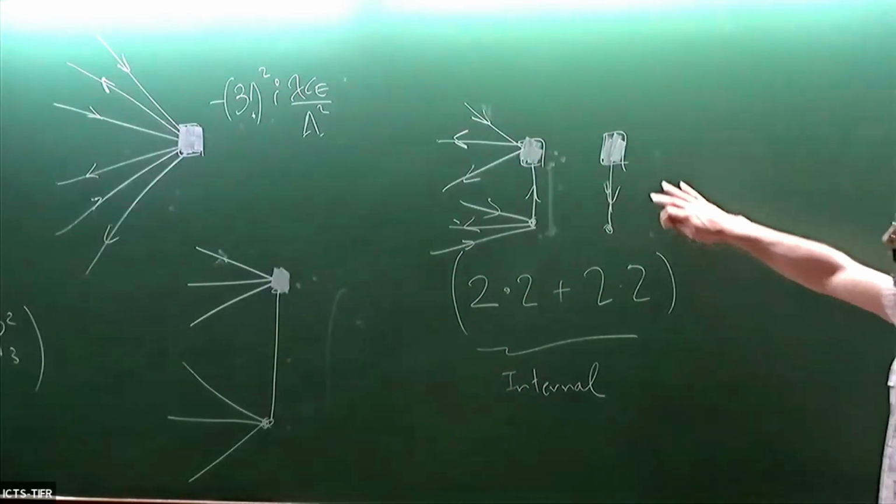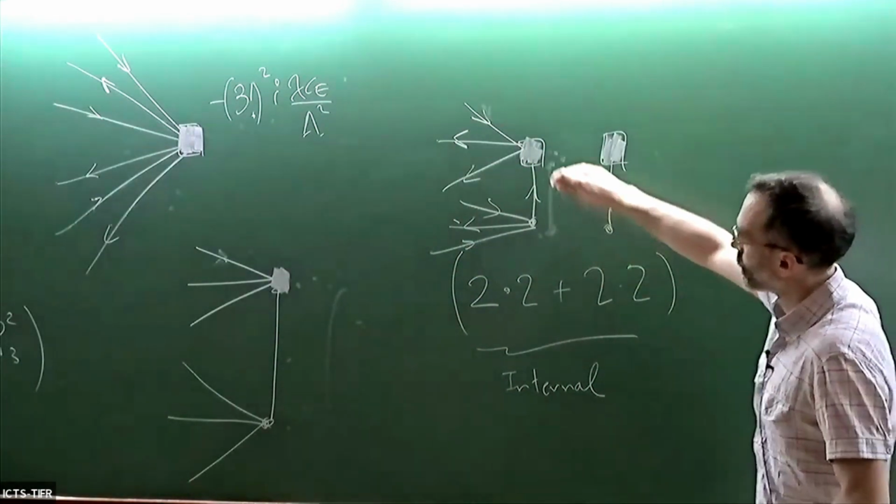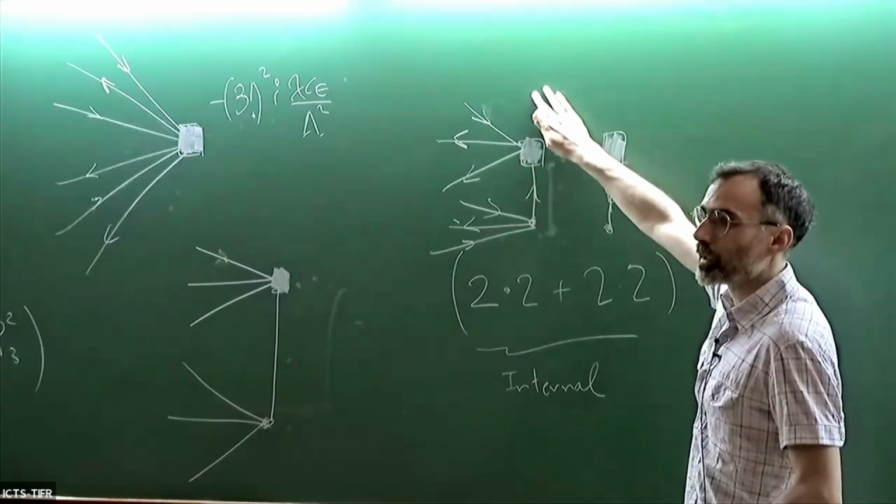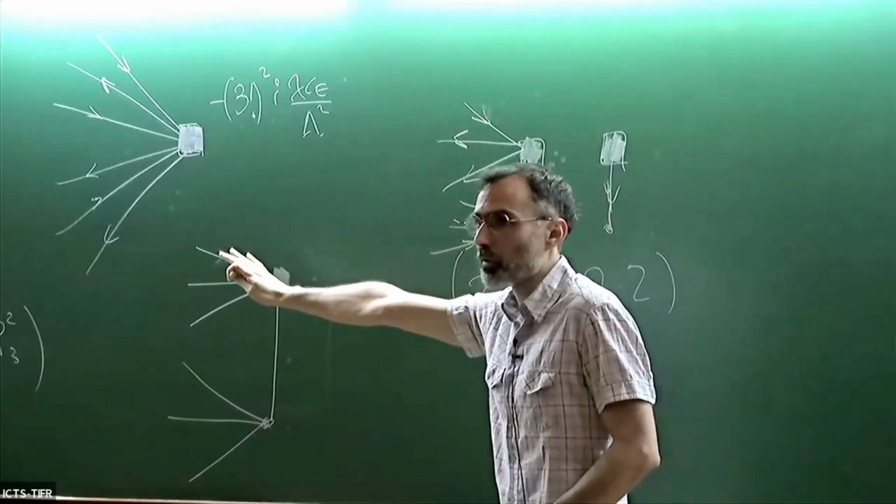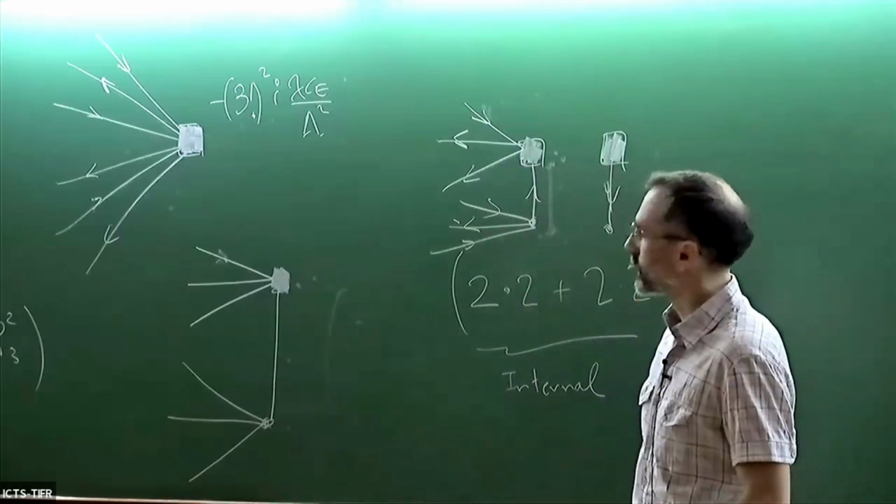Now what I'm left with, for each of those cases, will be 3 incoming and 3 outgoing that I have to assign to the 3 incoming and outgoing external states.